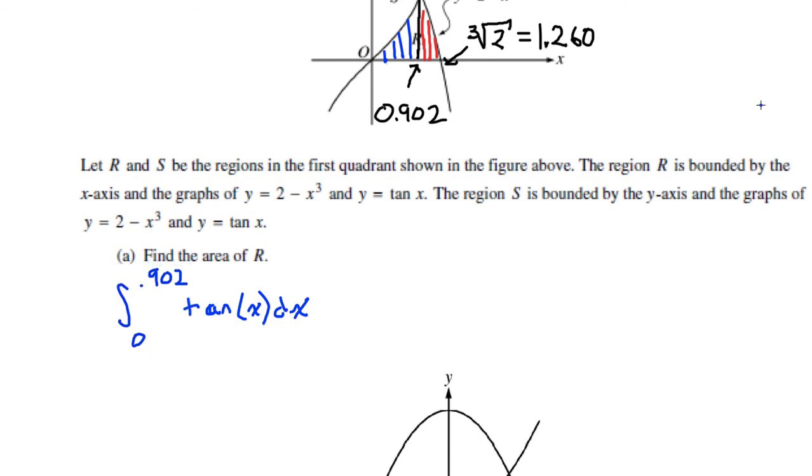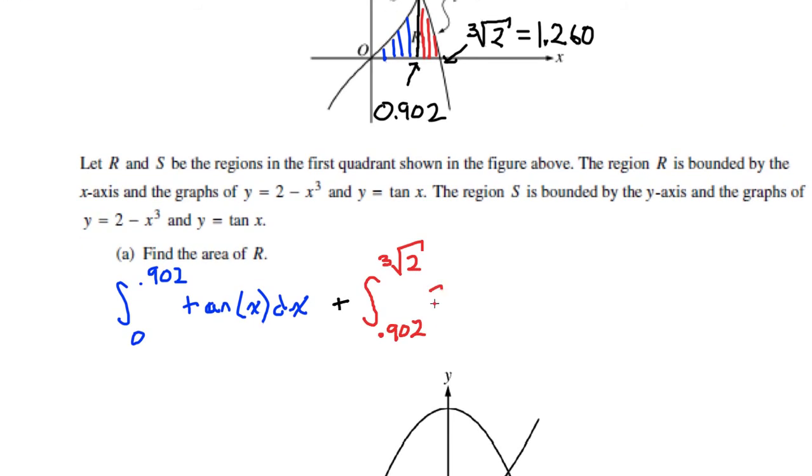And then I'm going to add that with the red, which is going to be the integral from 0.902 to the cube root of 2 of the 2 minus x cubed function. 2 minus x to the power of 3, all that stuff, dx.